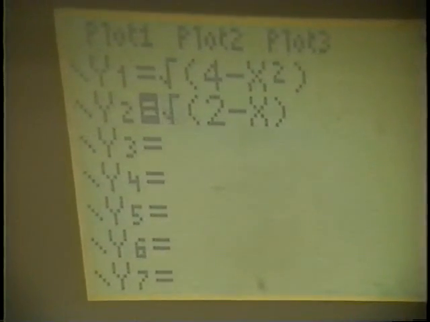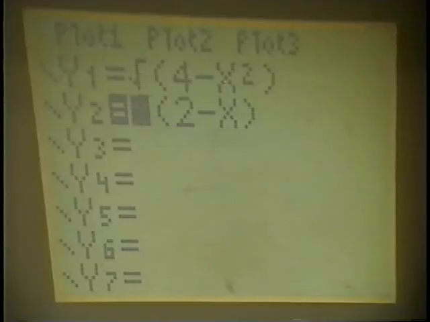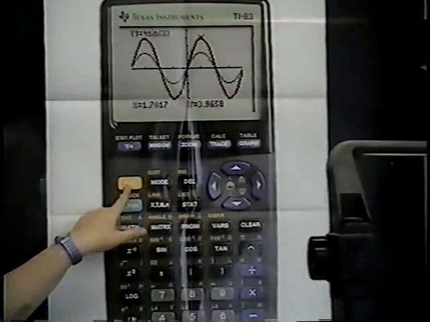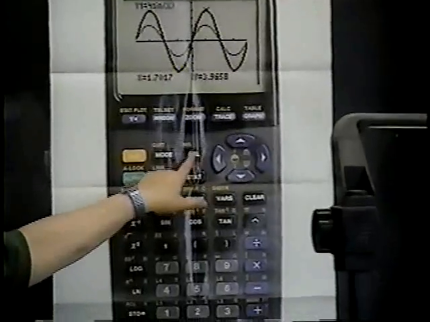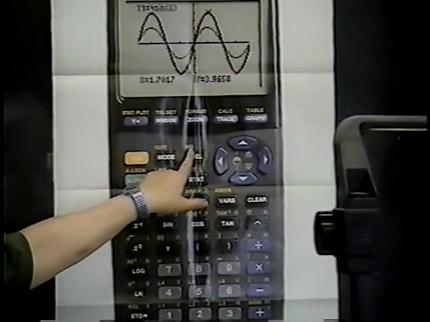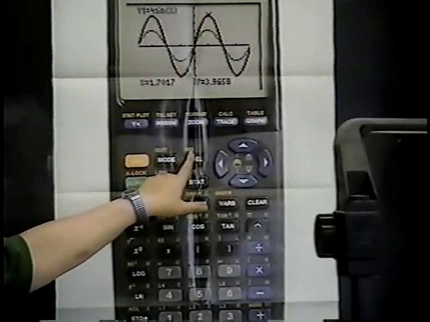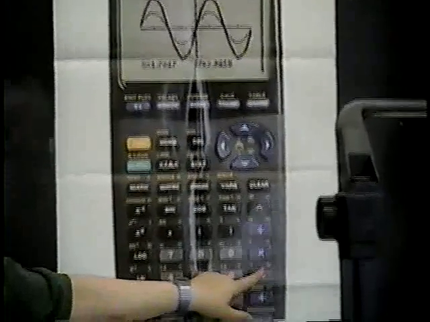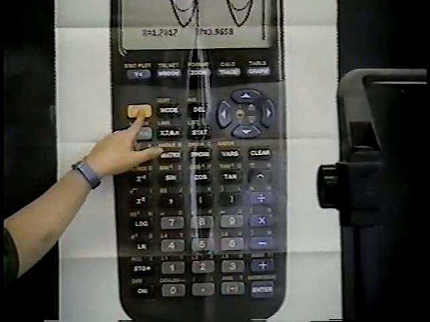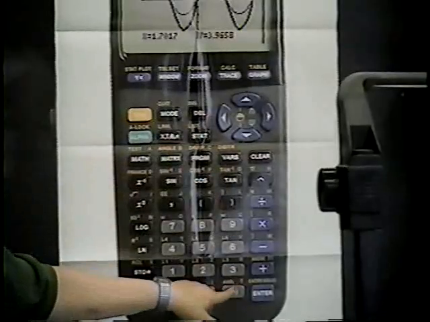Now, instead of just rewriting the whole function, over here I have a button called Insert. If I hit second and DEL, I'll get the insert key. I can insert the negative sign that I want. The negative sign, not the minus sign, the negative sign. So I'm going to hit second, the insert, and then the negative to get the negative square root.